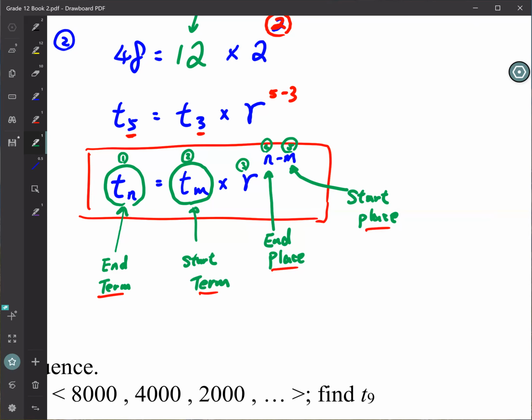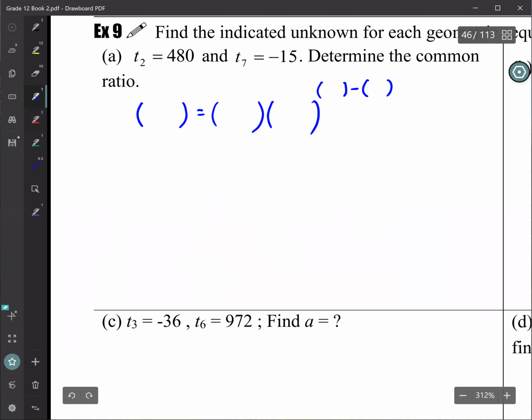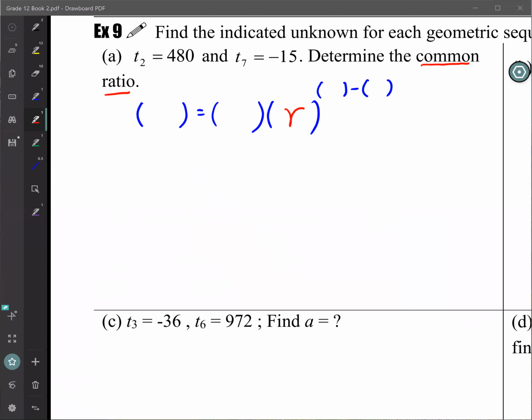By looking at the question now, please fill in everything except, we are looking for common ratio, so we are looking for R. Everything else should be filled in. So this is how you always start the question. Draw the 5 blanks, write down the variable that's missing, and fill in everything.